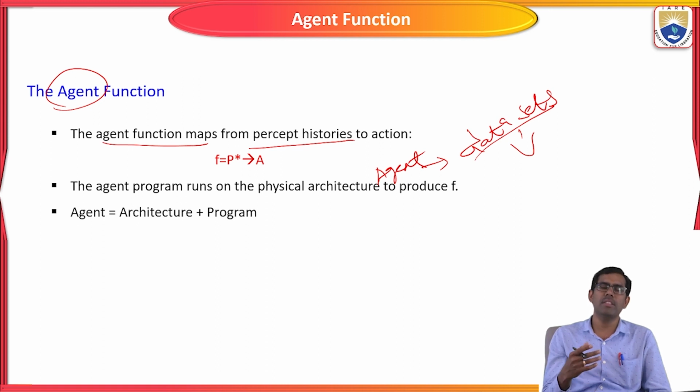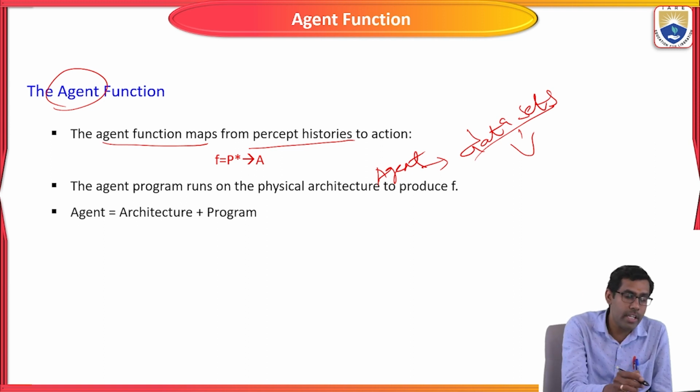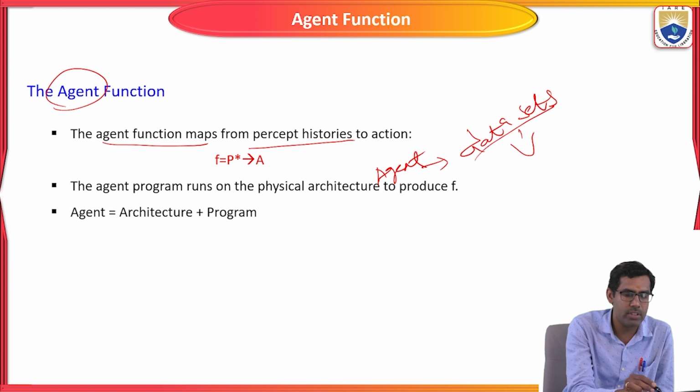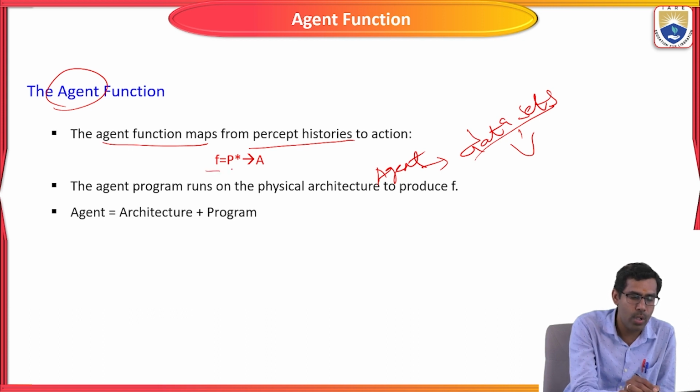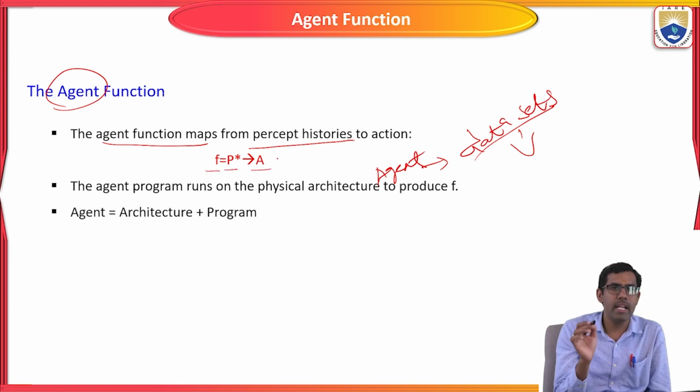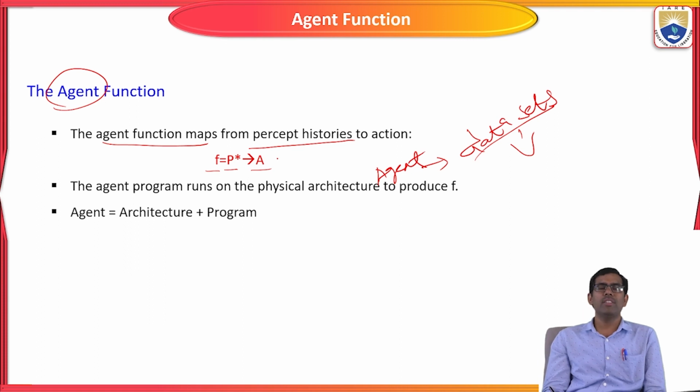In the previous section itself, I said what is an agent, what is a sensor, and what is the actuator, and what are the different actuators available in artificial intelligence based on the environment. So what is the formula for the agent function? f: P* → A. The agent function maps the various perception histories.